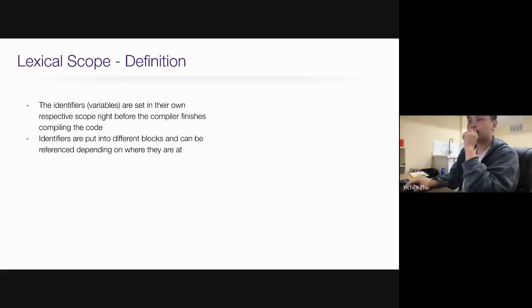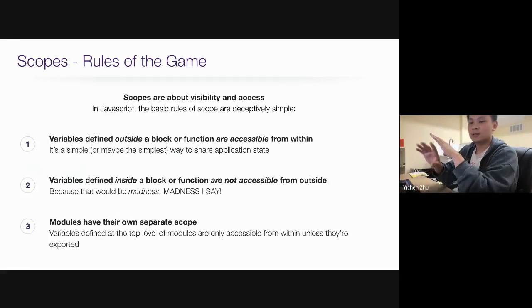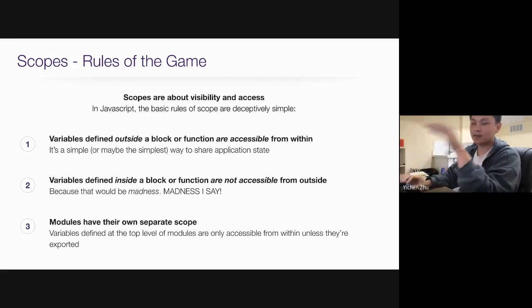So the whole game of scope, and I took this slide from last year's presentation because I think this is pretty good: scopes are about visibility and access. JavaScript has some basic rules, and I would say the first two are probably the most important.